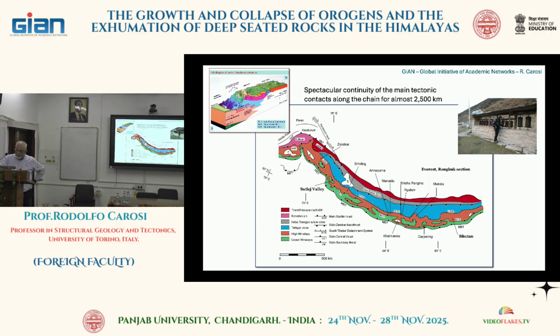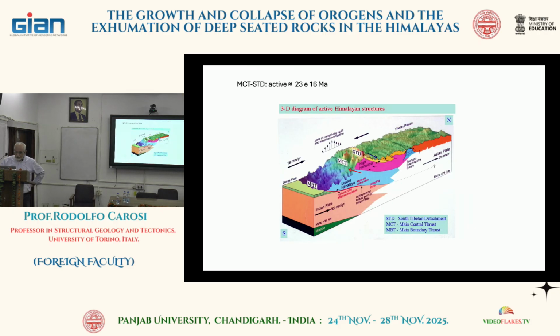So it's very uncommon because, for example, if you study the Alps, the tectonic boundaries have different characteristics. The orogen is not so linear, and is much more complex. In this way, at least from this point of view, we are facilitated because of this beautiful continuity of the shear zones.